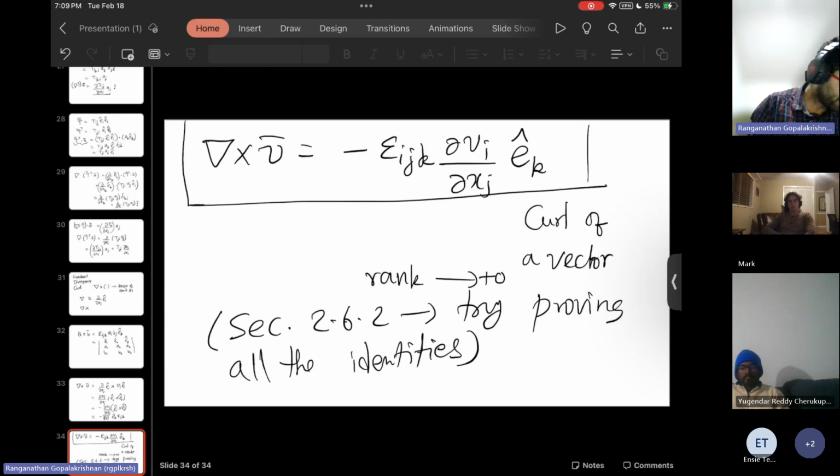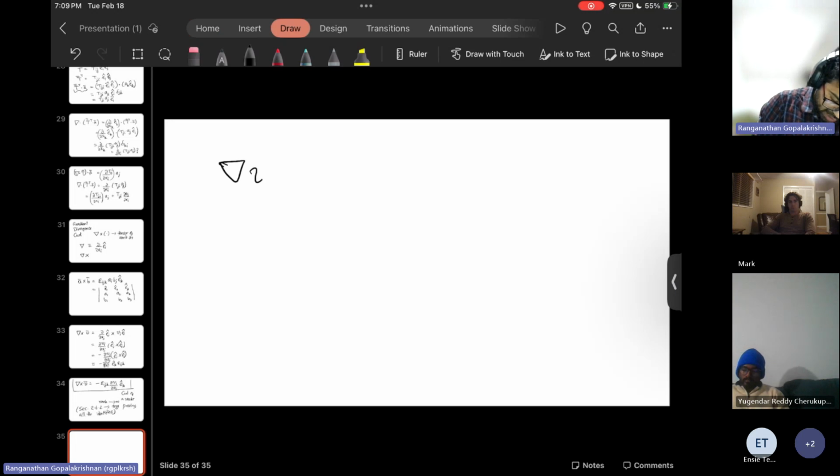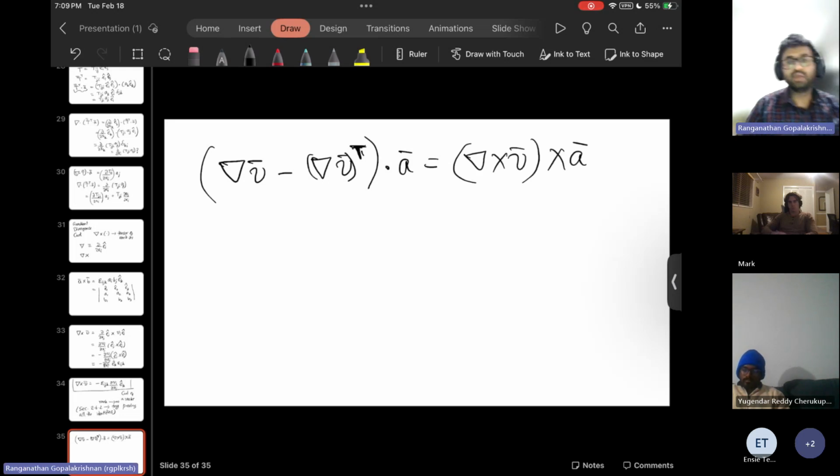So if I take another identity given here, it goes as gradient of V minus gradient of V transpose dot A is equal to the curl of V cross A. Before you do anything, what kind of a quantity is the right side? Is it a tensor, second order tensor, or a vector?